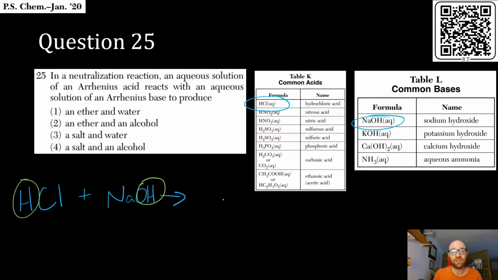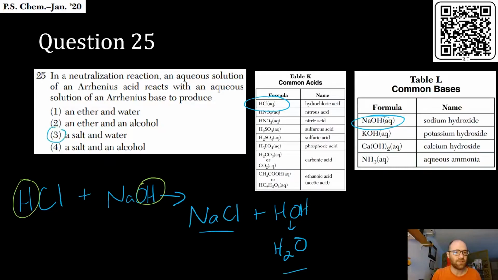The Na and the H are going to switch, which will give us NaCl and HOH, which can be rewritten as H2O. So really what we have here is salt and water, an ionic compound in water, so that's going to point us over here. So this isn't really an organic reaction, but similar to the organic reactions, this is one that you can put in your head, or in this case, you can figure it out.